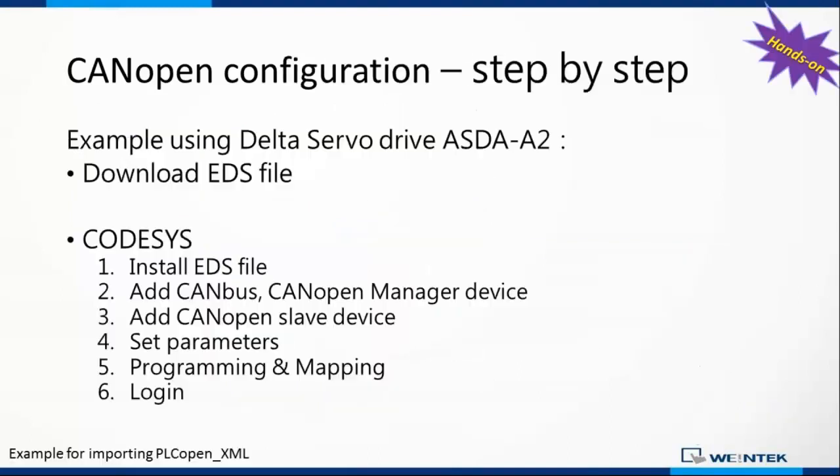So let's see how to configure the CANopen protocol. We can also find the EDS file on the official website. Our example uses the Delta A2 servo drive, because the A2 drive supports EtherCAT and CANopen protocol, right?